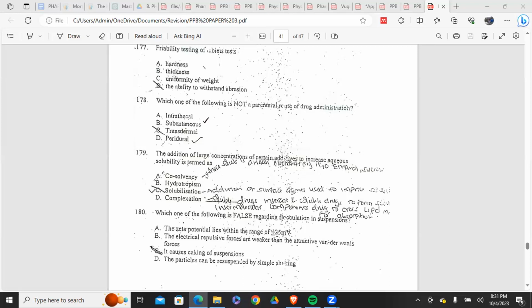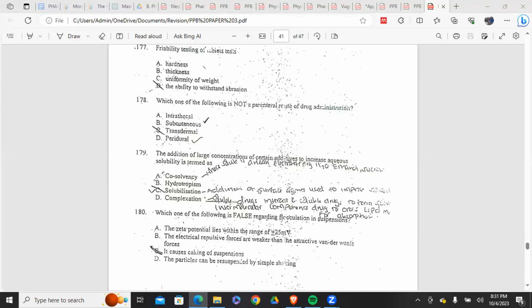Wanasema in large concentrations, because cosolvency is not in large concentrations. Inatumia tu hizo products fulani, ethylene glycol, propylene, kina ethanol. I don't think there's any other compound that I have to use in large concentration.